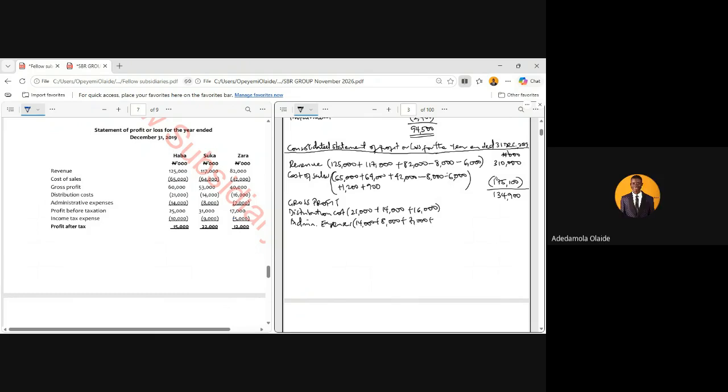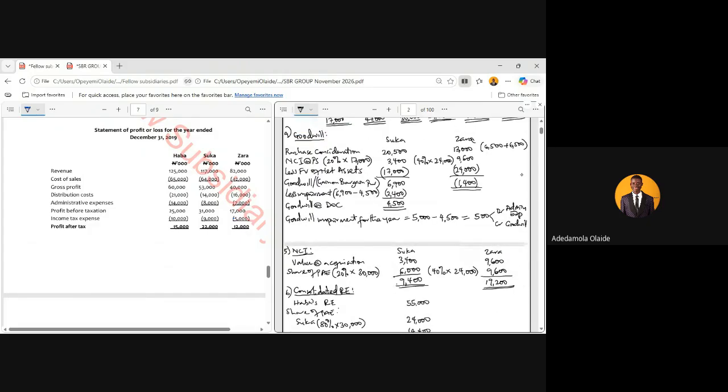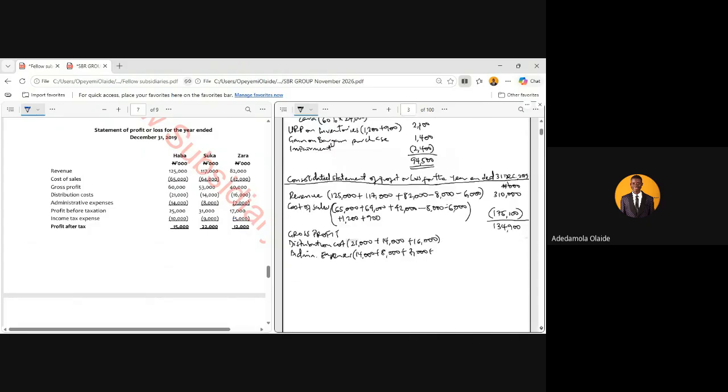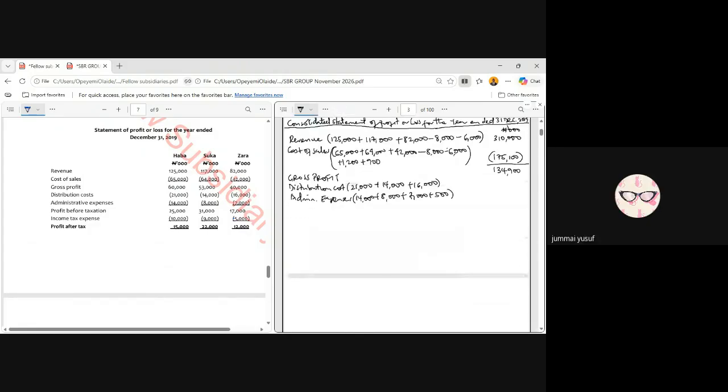Then that's the impairment that we calculated earlier, 500 for the year. This is where I will add it, plus 500. And I think that's all we have.